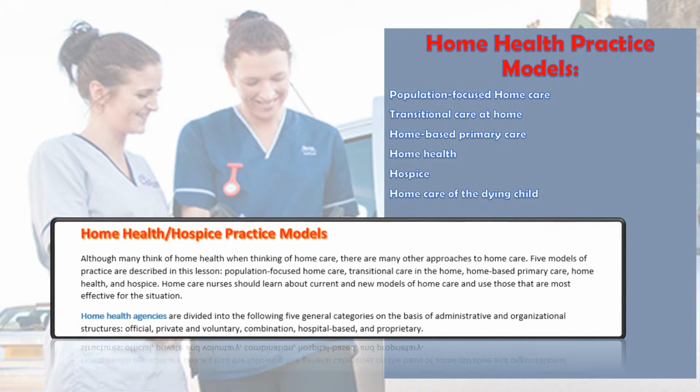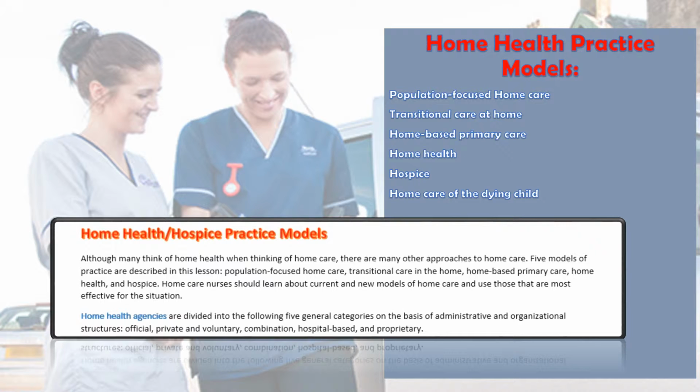I would think about this as well, child visits by the home health nurse, focusing if you have an area where there are outcomes that are of concern regarding children after they've been discharged from the hospital, you may have a home health nurse that's assigned for population-focused home care.